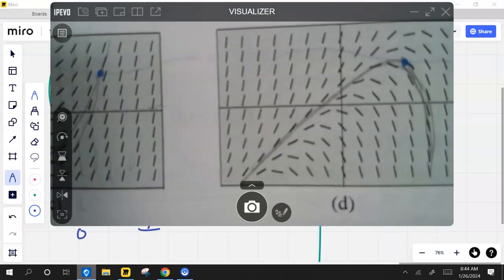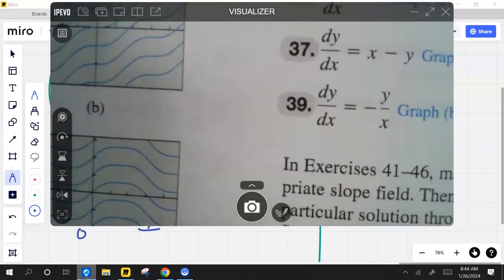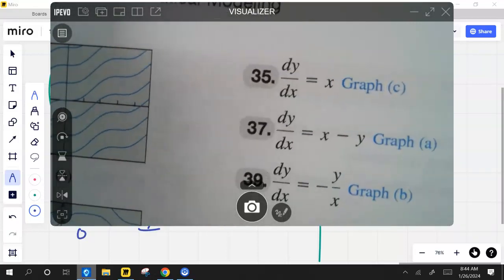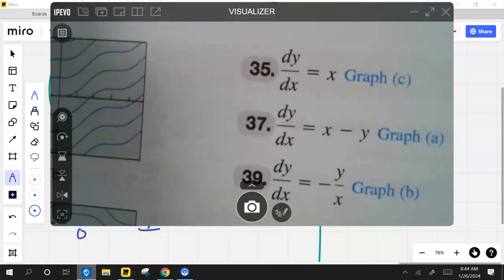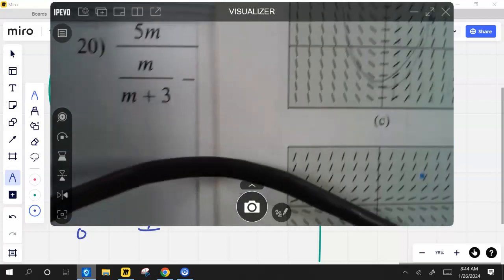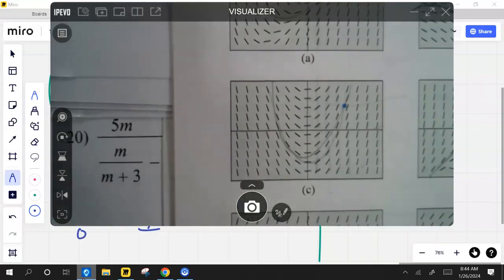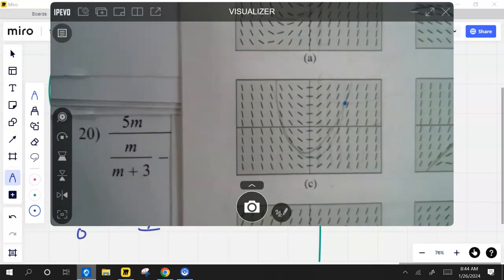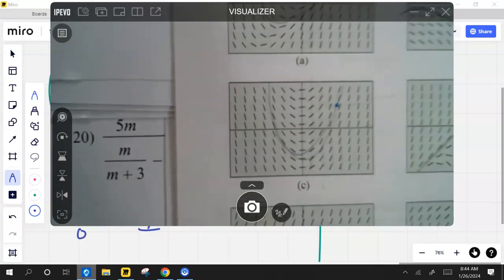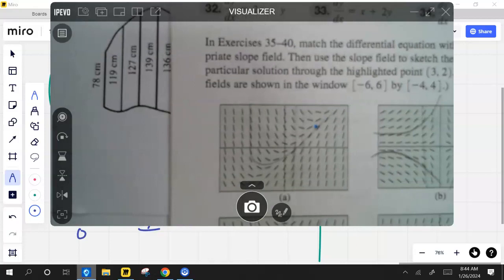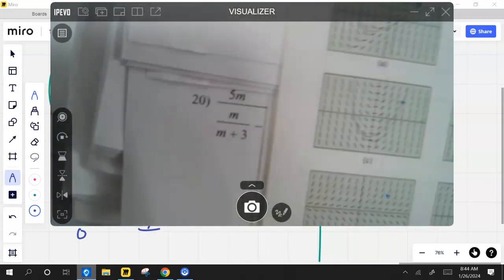So they give you these differential equations. Which one matches? And then I was showing whenever we were doing it what that graph would actually look like. You don't have to do it. Just do it right here. I'm telling you, when you dig in, it'll be fun.